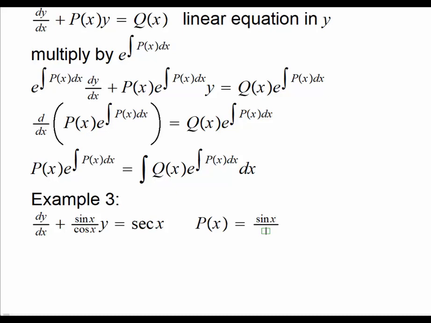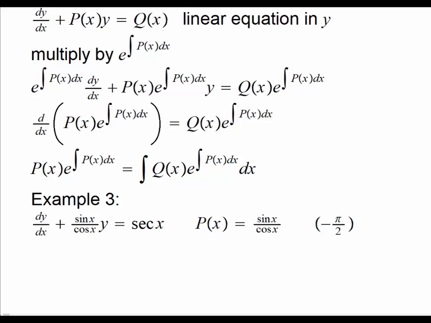If you compute this integral, actually we call it the integrating factor, and we will discuss that a little later. This function is going to be continuous on the interval negative pi over 2 to positive pi over 2.